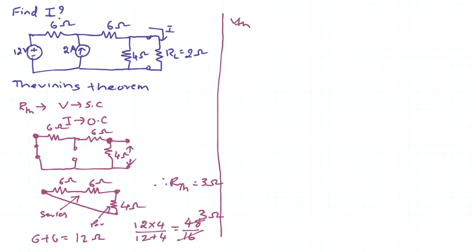In order to find V Thevenin, we have to redraw the circuit. I am redrawing the circuit. This will be 2 amperes and this is 12 volts, positive, negative. Okay, and this is 6 ohms, this is 4 ohms.